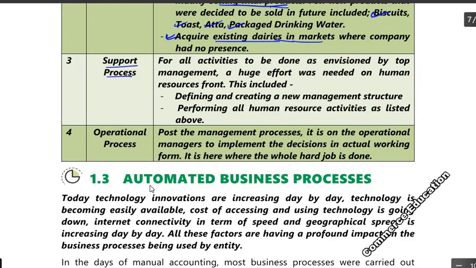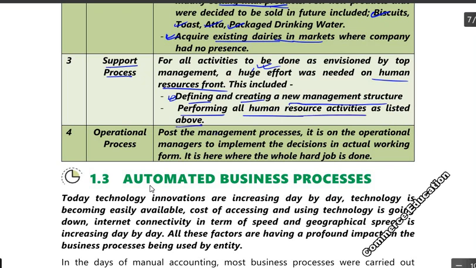What should be the support process? Huge effort is needed from the human resource function. Human resources should work their best to achieve the vision. So defining and creating a new management structure. The management structure should be restructured in a new way, performing all human resource functions as listed above.